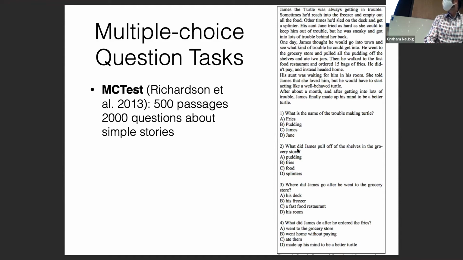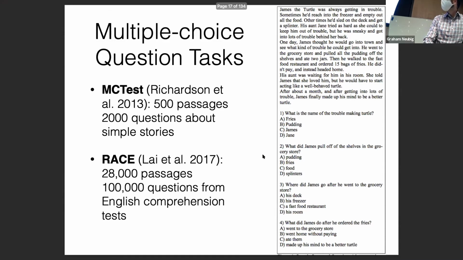Then we have some questions meant to test comprehension: what is the name of the troublemaking turtle? What did James pull off the shelves? For each of these, we have 4 choices. There's also another dataset that was created here at CMU that was pretty popular called RACE. This is 28,000 passages and 100,000 questions from English comprehension tests.